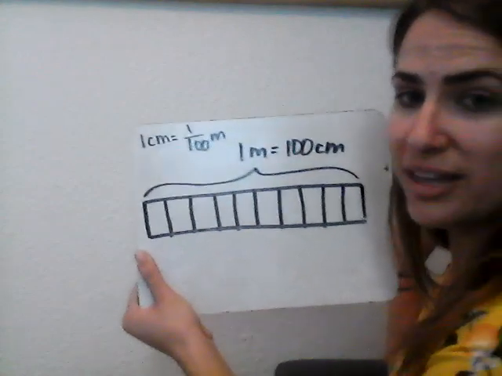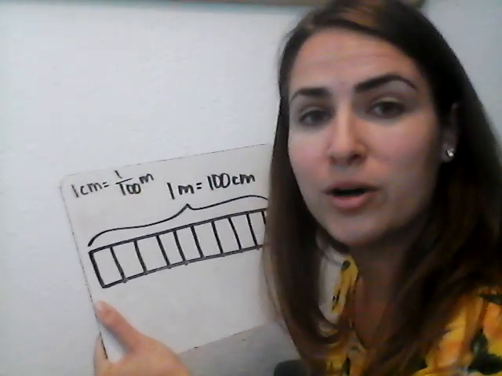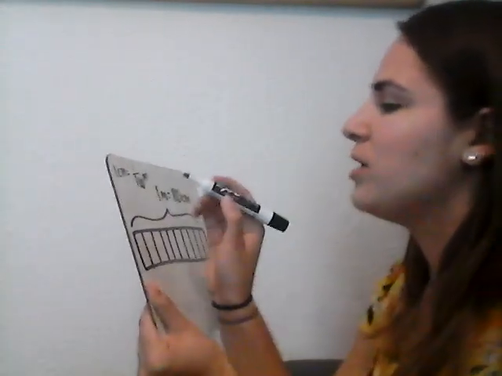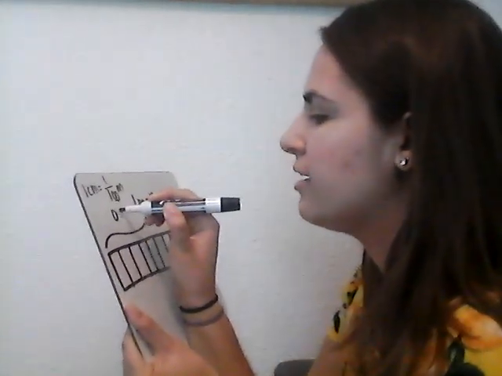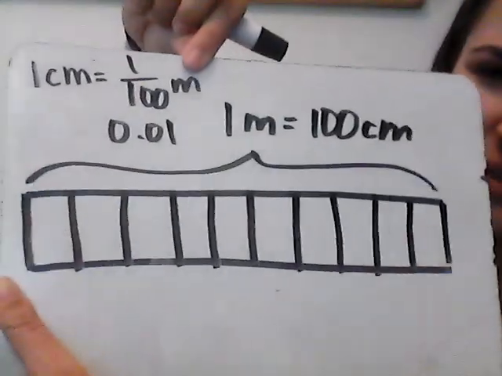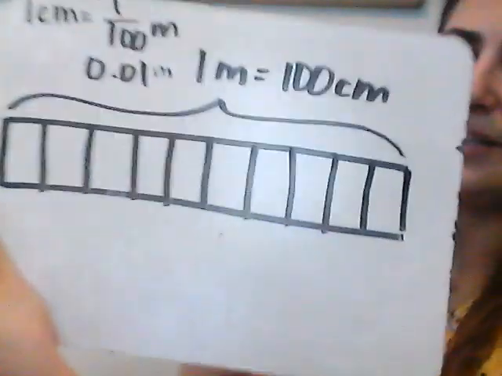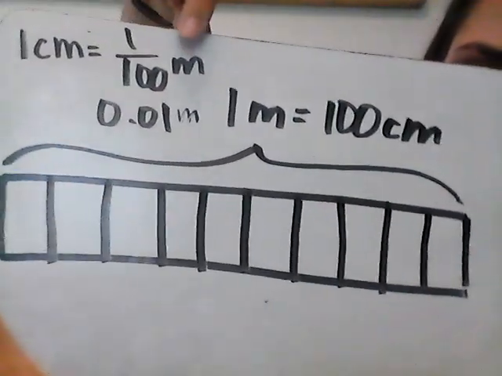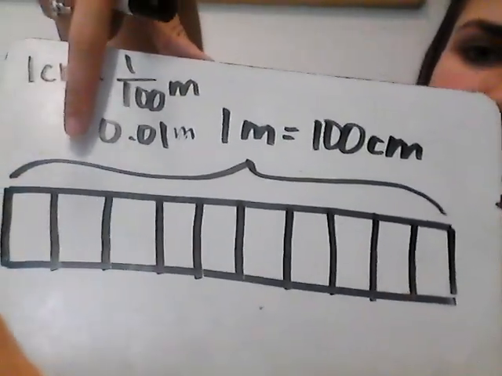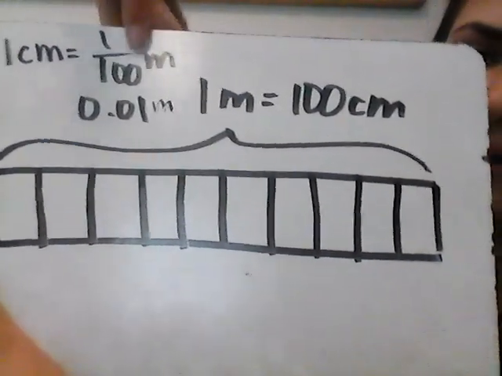We can also write that as a decimal. 1/100th, if you remember from our inquiry, we write hundredths like this. I know there's a lot going on here, but hopefully you can see it okay. So 1/100th meters written as a fraction and written as a decimal are equivalent. These have the same value.